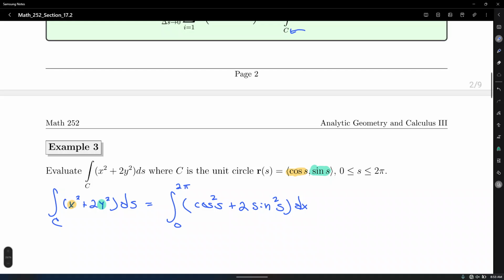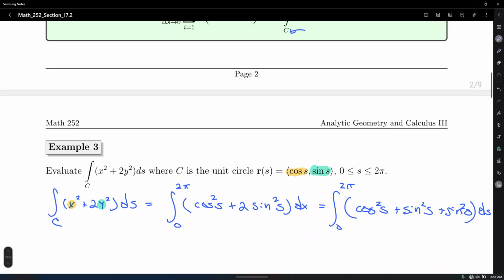I would need to use the power reducing formulas for both sine and cosine, but I don't want to use both at the same time. However, how about we break up this 2 sine squared s as cosine squared s plus sine squared s plus another sine squared s ds.